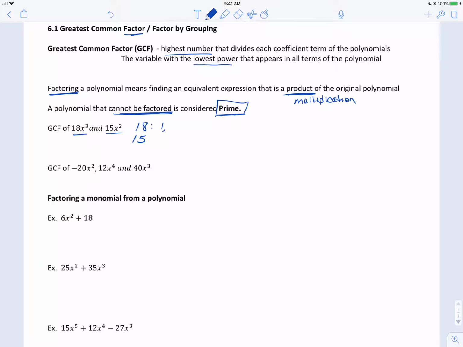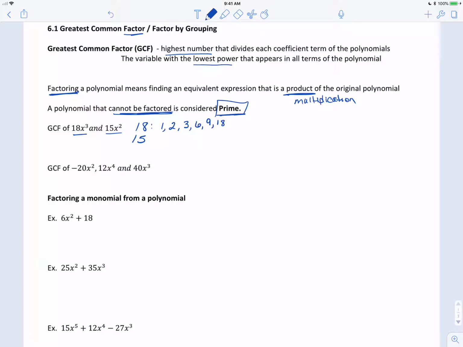Well, 1 obviously goes into 18. 18 is divisible by 2. 18 is divisible by 3. It is not divisible by 4. It's not divisible by 5. It is divisible by 6. It's not divisible by 7, by 8. It is by 9, and then 10, 11, 12, no, nothing up until 18 again.